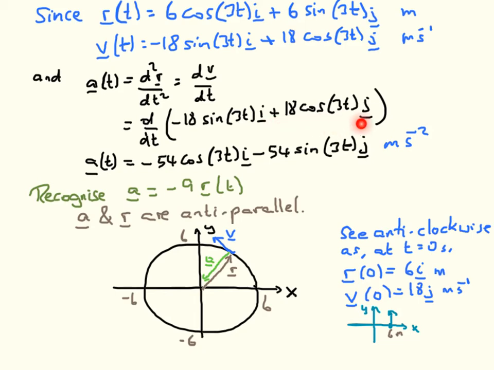Over here, when we differentiate this, we're going to get 18, and then the derivative of the cosine is minus, so we put a minus sign there, times, and then it's going to become sine. The derivative of cosine is minus sine. The argument is unchanged, and then we multiply by the derivative of 3t with respect to t, so that's a factor of 3 again, and again 3 times 18 is 54.